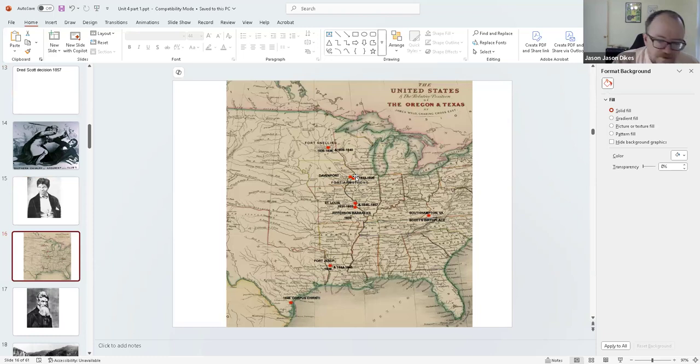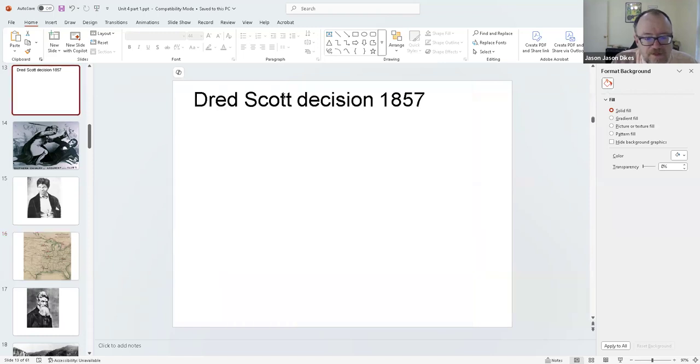Wisconsin, Minnesota, a little bit of time here in Iowa, Davenport. Clear violation of the 36-30 ordinance. Remember the Missouri Compromise line? Everything north of 36-30, which would be this, there would be no slavery.